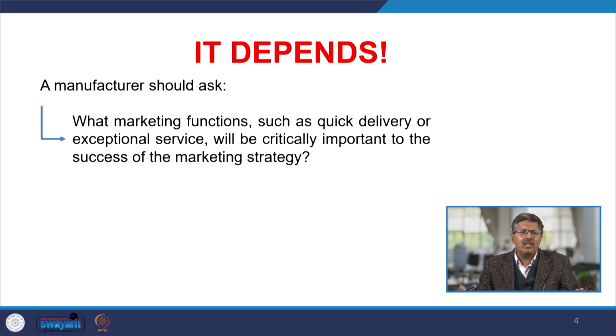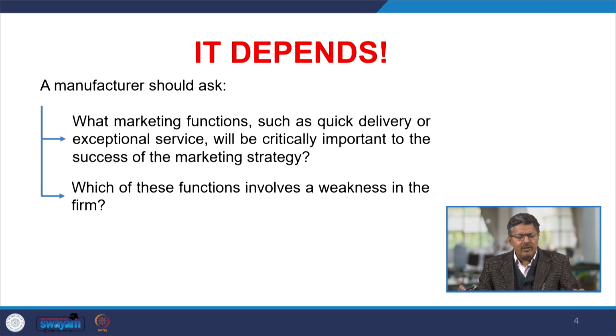Which is more important in the manufacturer's case is something the manufacturer should first realize and try to understand. Then, which of these functions involves a weakness in the firm?